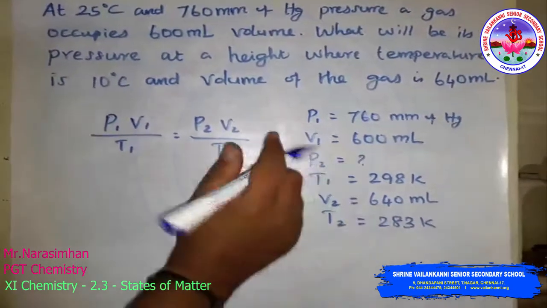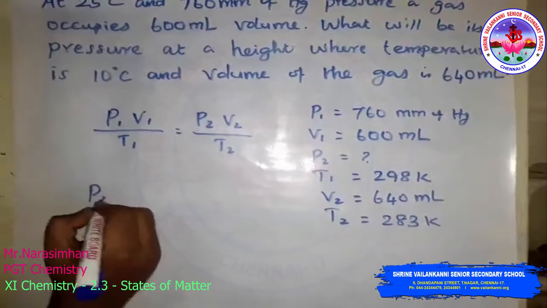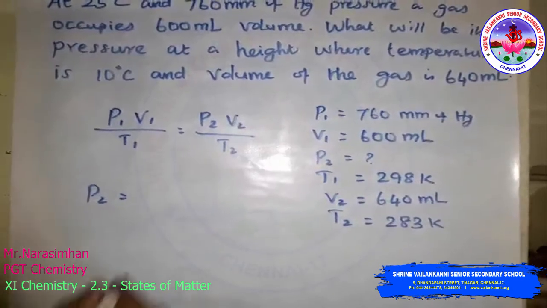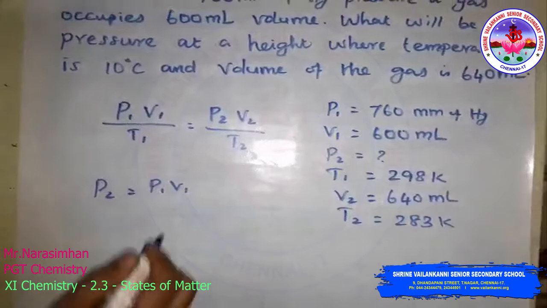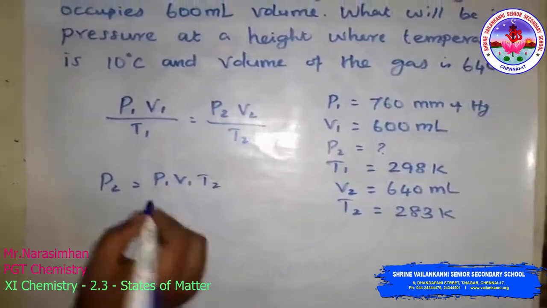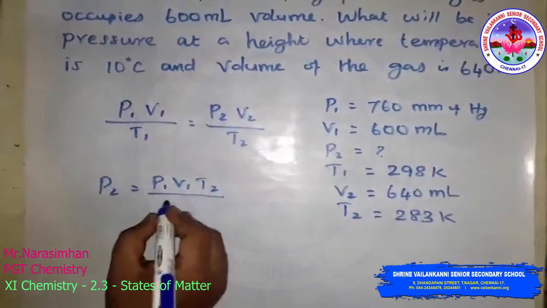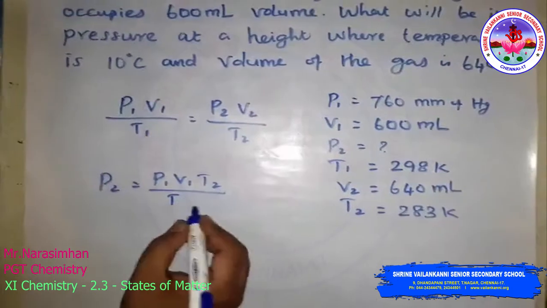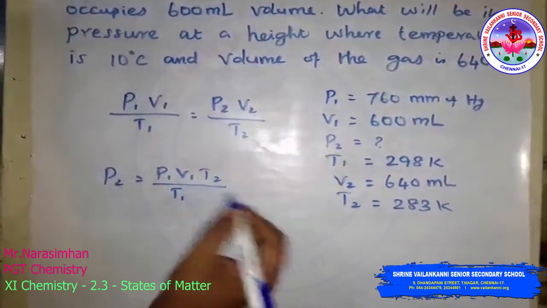So we have to substitute these values and rearrange this equation, that is P2 equals P1 V1 T2 divided by T1 V2.